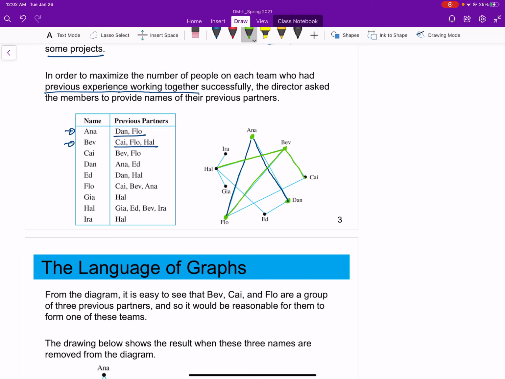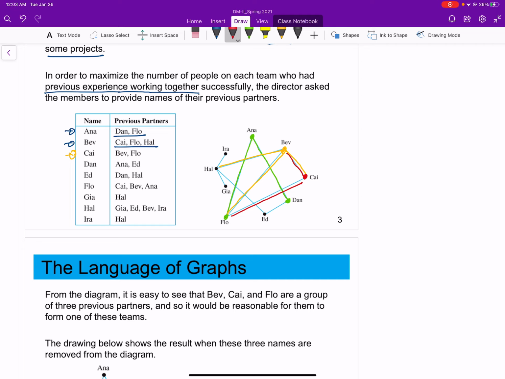And then I will just use a different color. So let me mark the same color with the same vertices. And thirdly, I'm choosing Bew, who worked with Kai, and then Flo.